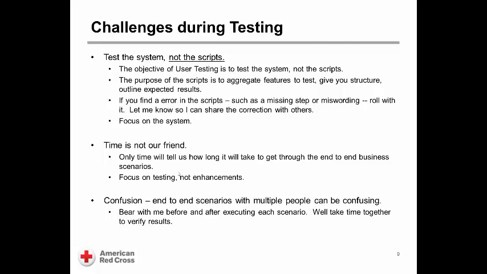So we call that negative testing. And even if you are a negative tester for a certain scenario, we need you to pay attention, and we need everybody to be together and on the same page. So even if it seems like it's a little bit slow and dull, we tried to condense this into a couple hours to really capture everyone's maximum attention. And we'll try not to take too long of breaks in the middle of the sessions.